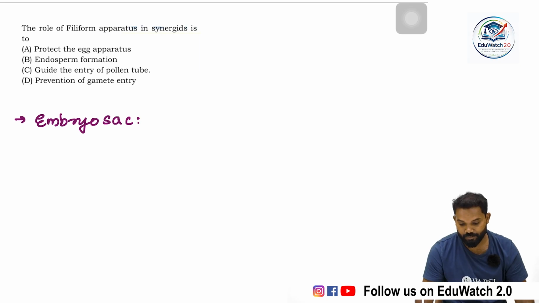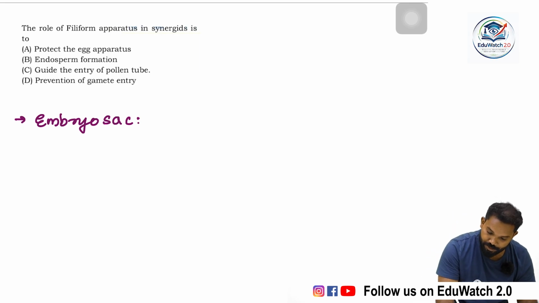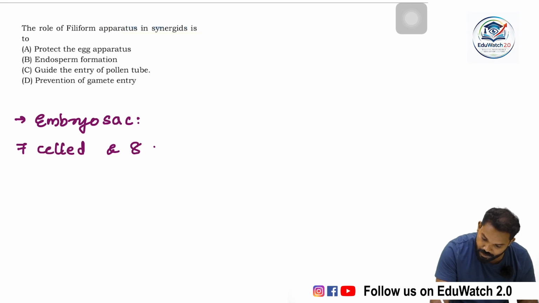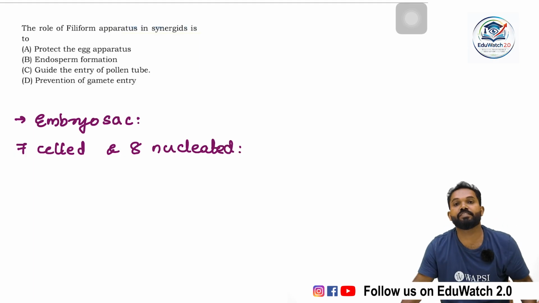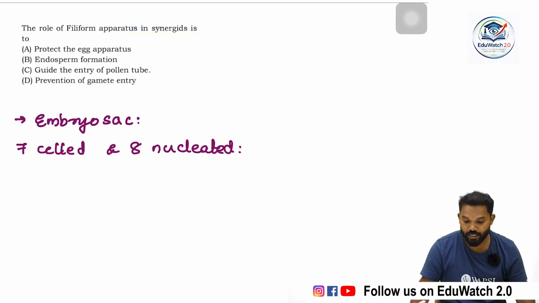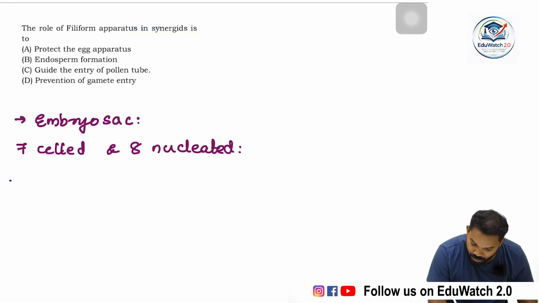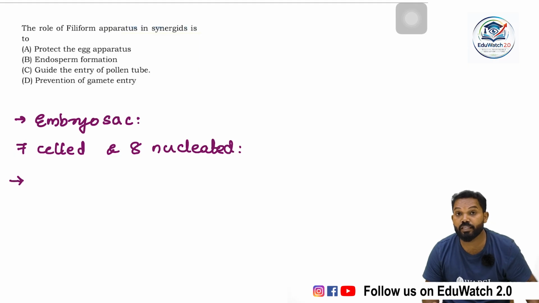A typical angiosperm embryo sac is 7-celled and 8-nucleated. These 7 cells are categorized into 3 groups.